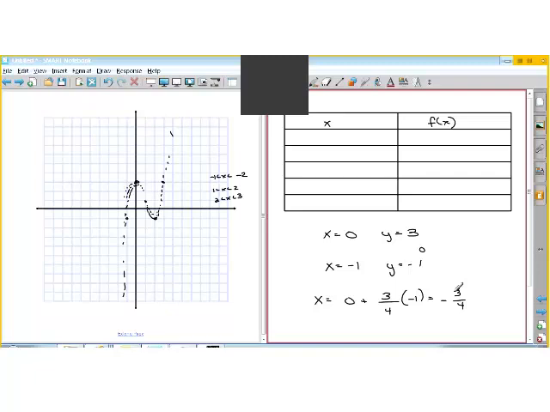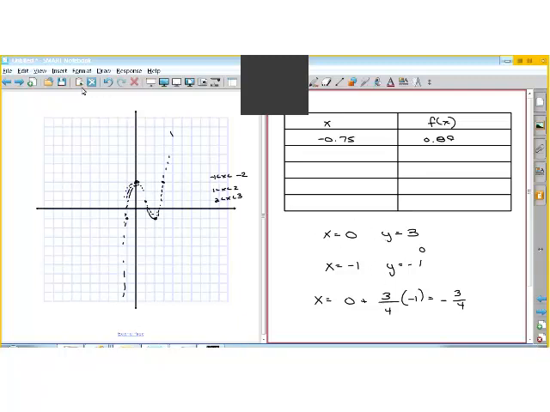-0.75, and -0.75. Okay, so at x = -0.75, f of x is 0.89.